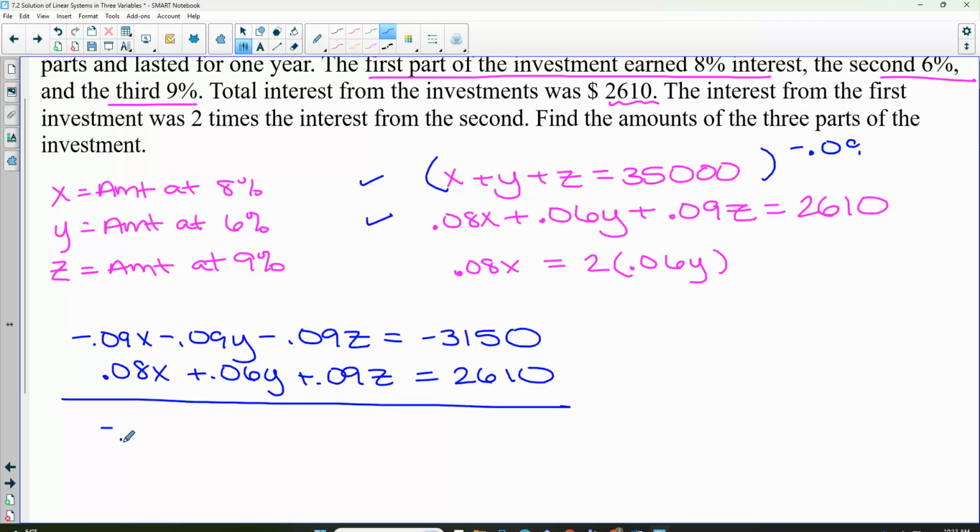Add these together. Get negative 0.01x minus 0.03y plus negative 540.